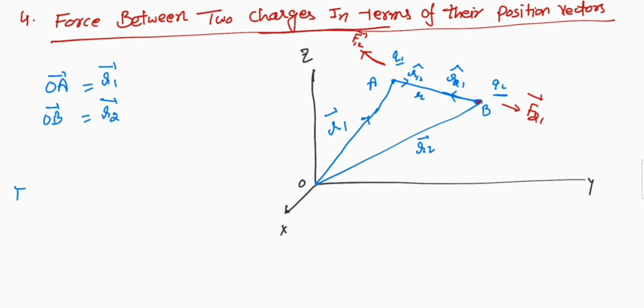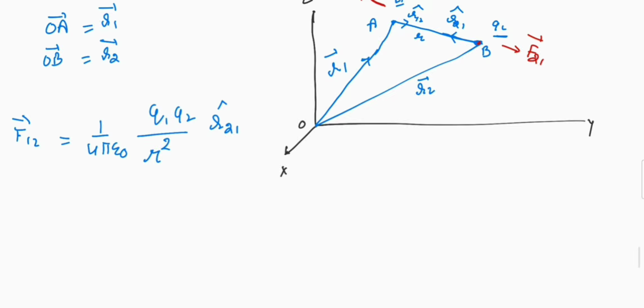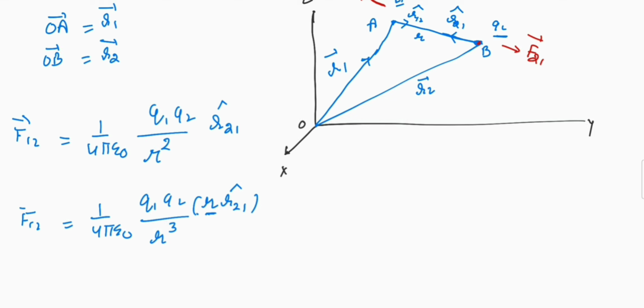We can write F12 is equal to 1 upon 4 pi epsilon naught Q1 Q2 divided by R square R21 unit vector. Now we can write this as 1 upon 4 pi epsilon naught Q1 Q2 over R cube into R times R21 unit vector. So here I have multiplied and divided this whole thing by R. So this is my F12.